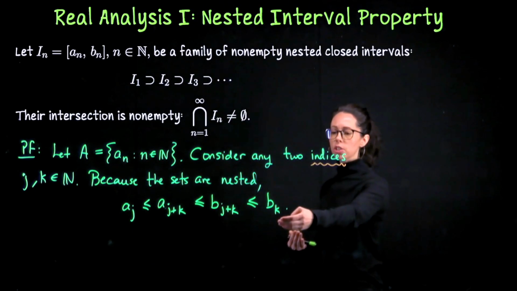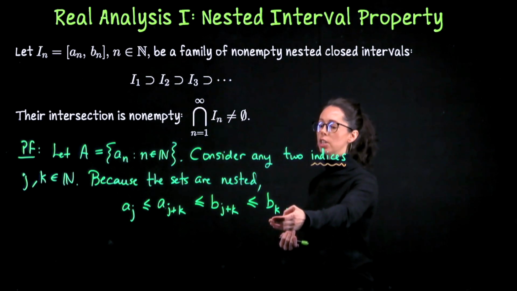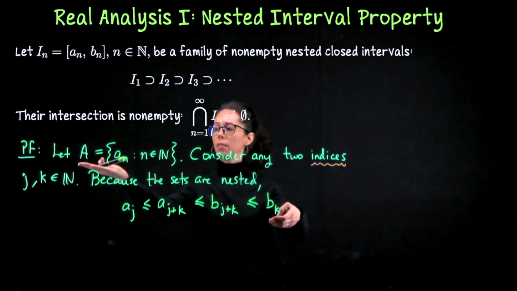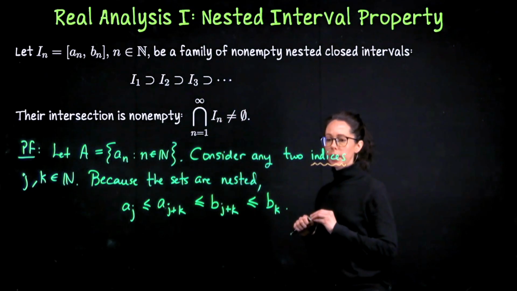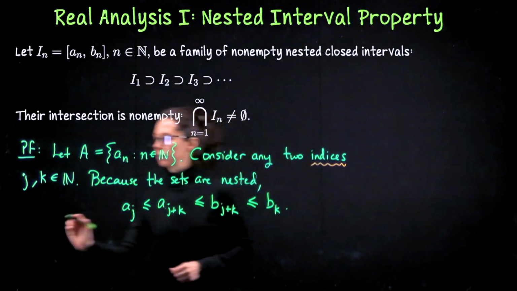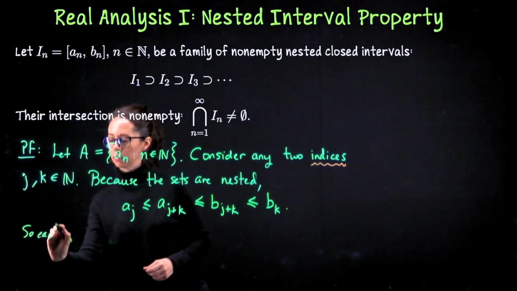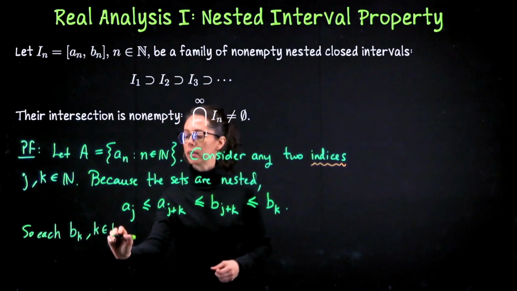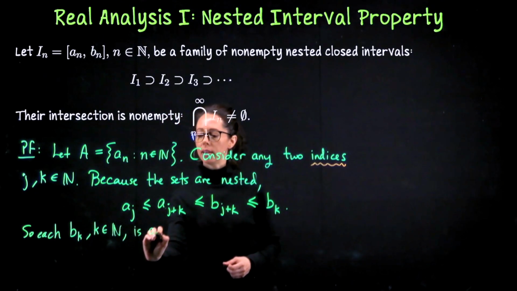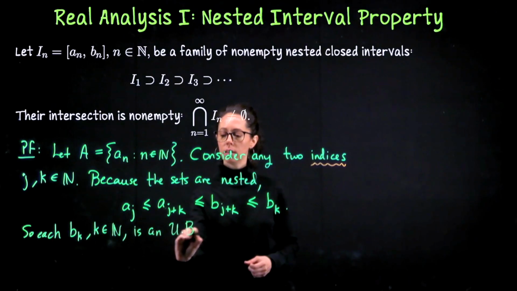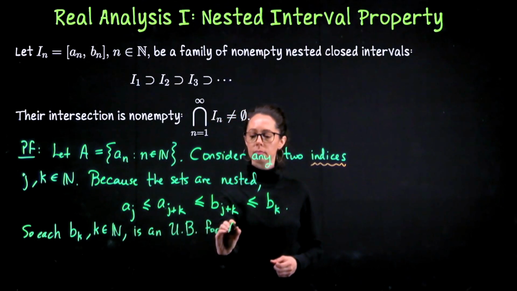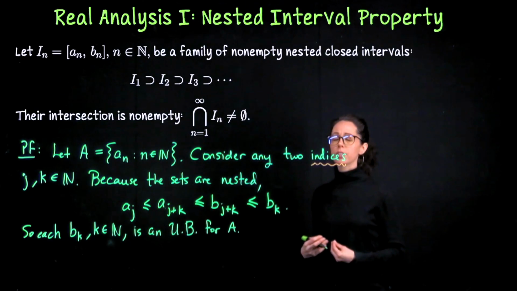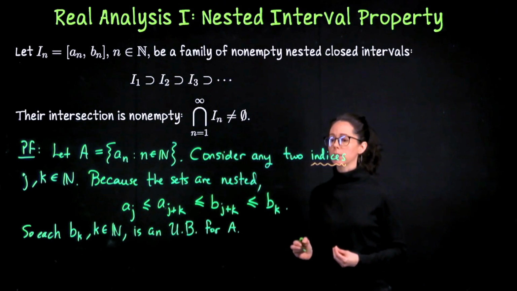It implies that each number B sub k from this collection is an upper bound for A, because here this is any such term forming the set A. So each right endpoint B sub k, let me say any B sub k, k in the natural numbers, is an upper bound UB for A. Therefore, A is bounded above, so by the supremum property, A has a least upper bound.